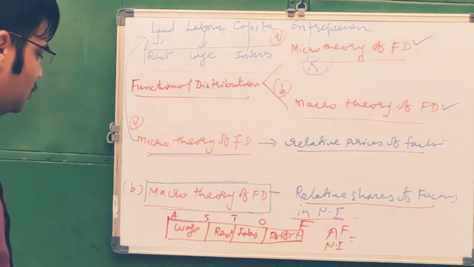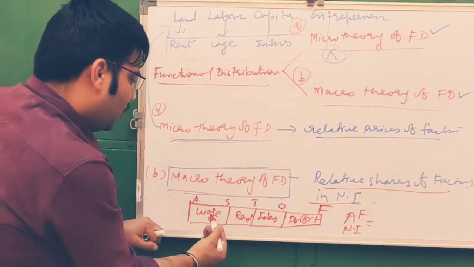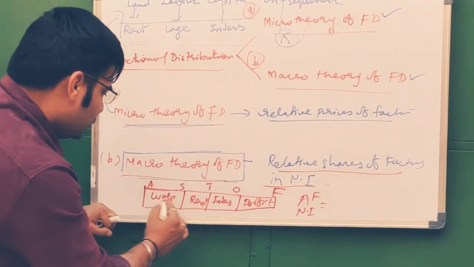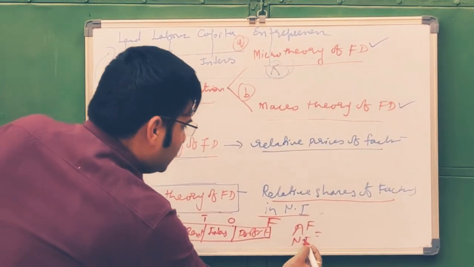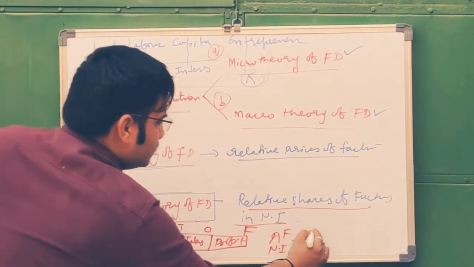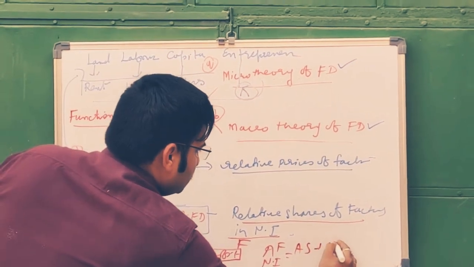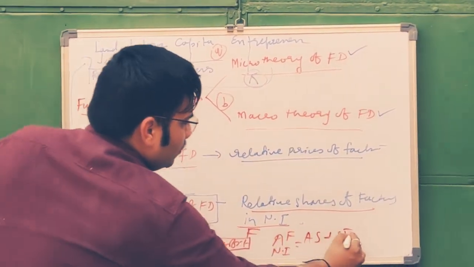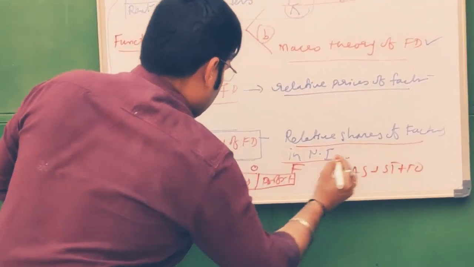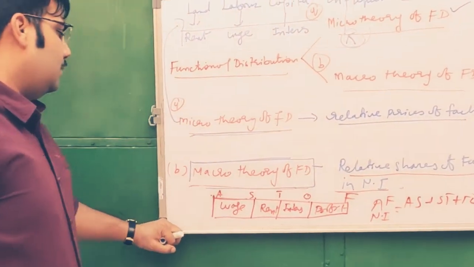This scale shows the relative shares of the various factors of production in national income. So national income AF equals AS plus ST plus TO plus OF.